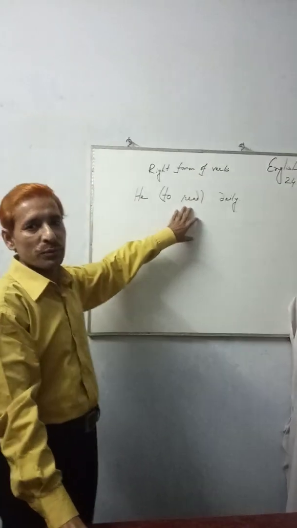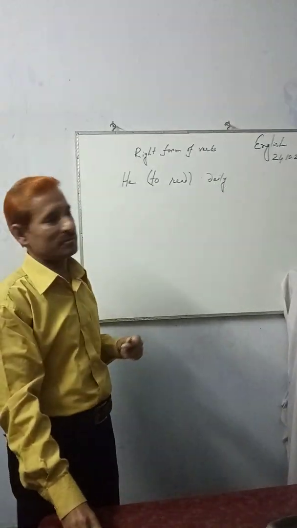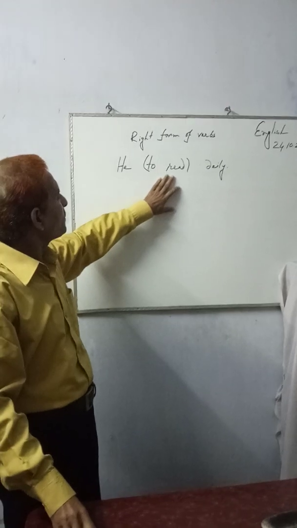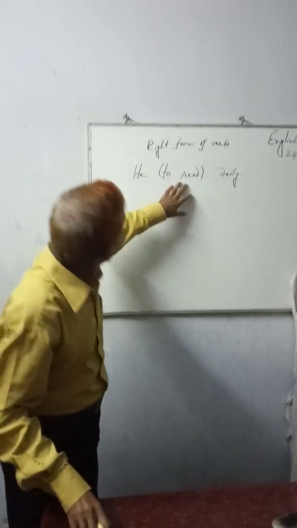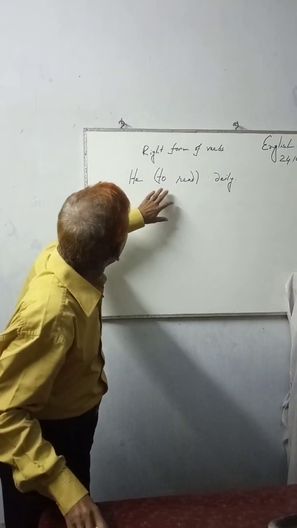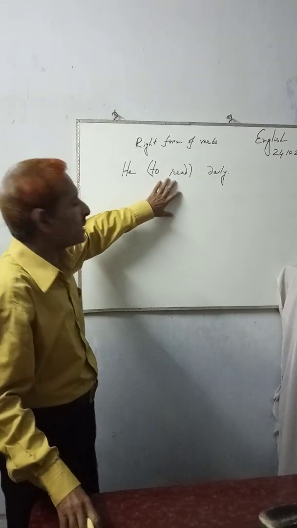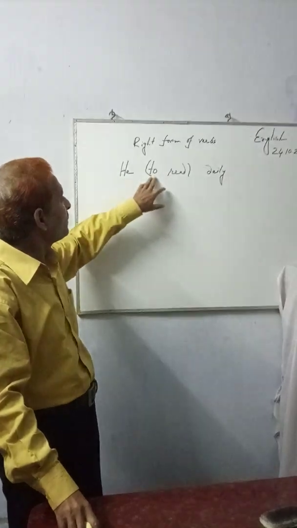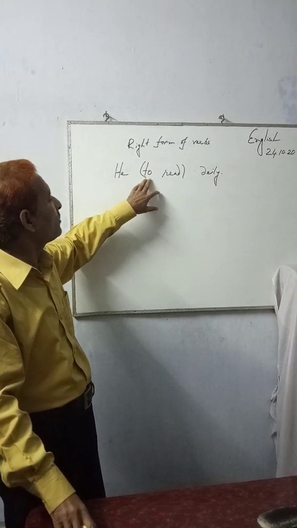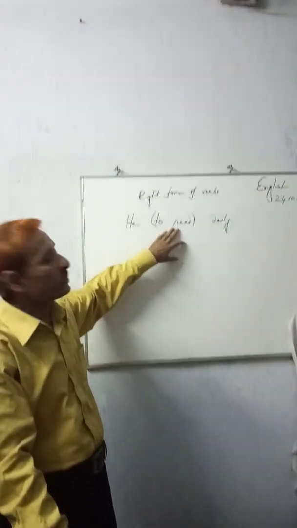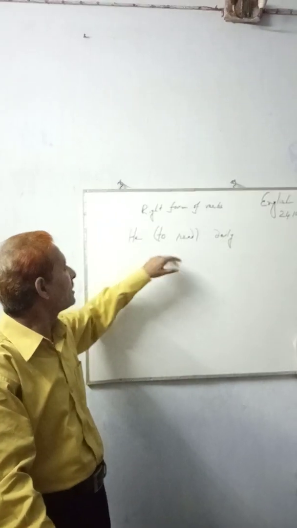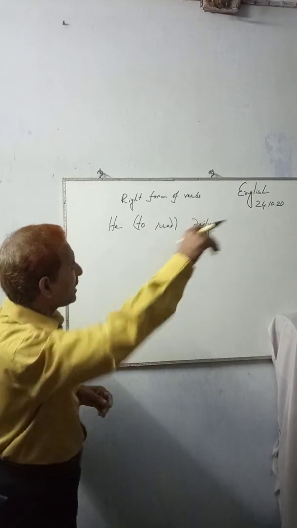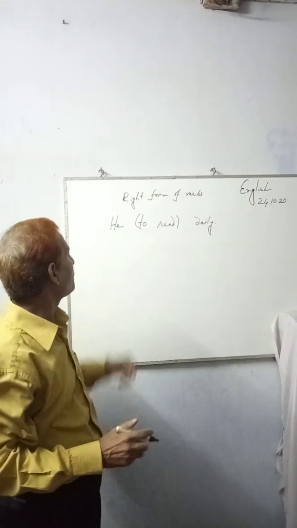He to read daily, and we have to write correct form of read. Before any kind of verb, there will be to. To will be placed before any verb, but to will be omitted while we write the right form of verb.